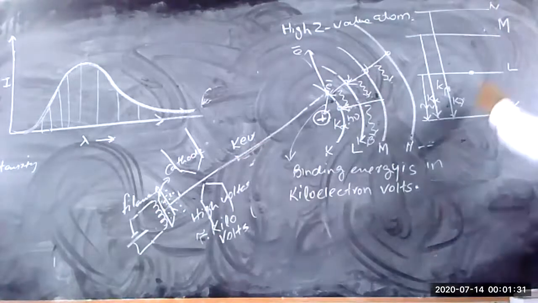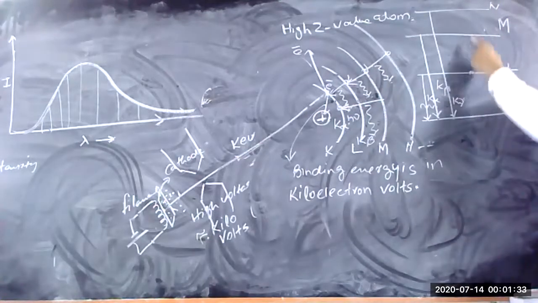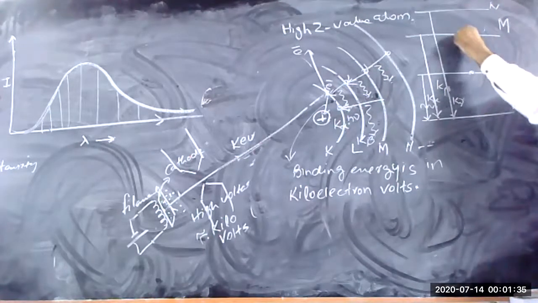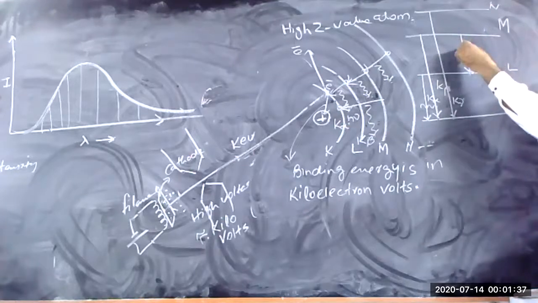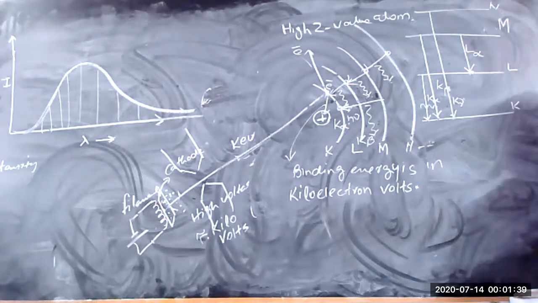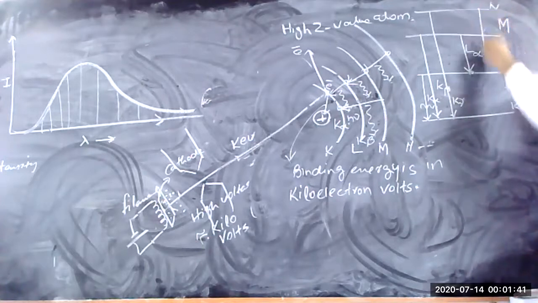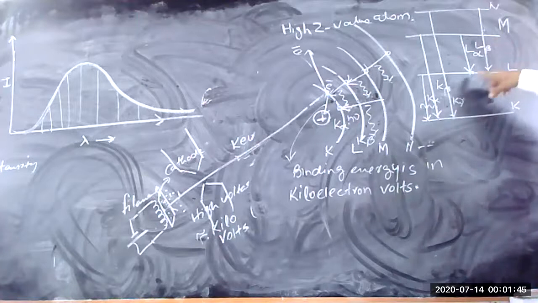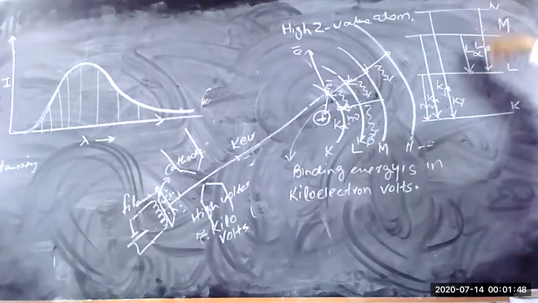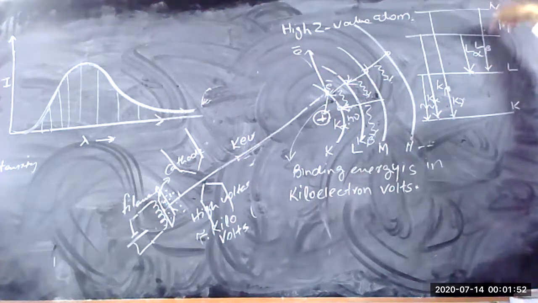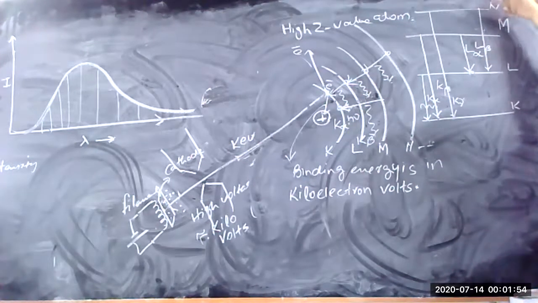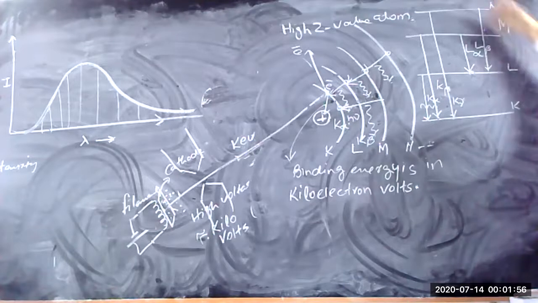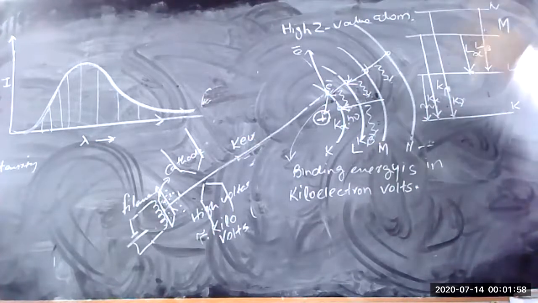We call this X-ray L alpha. If the deficiency is filled by N, we call it L beta. Similarly for the other shells. So all these X-rays are known as characteristic X-rays.